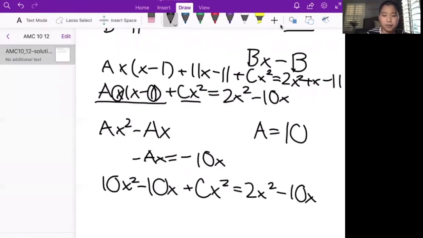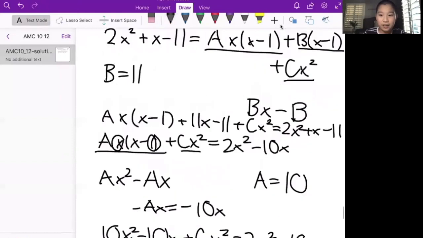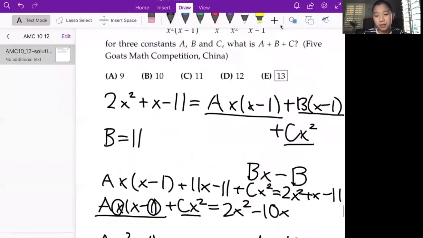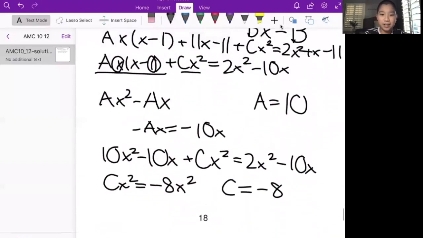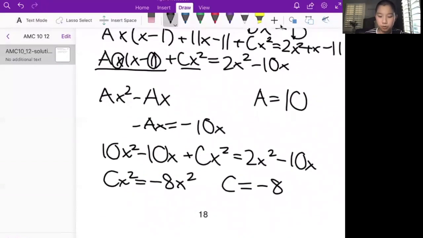And then we simplify it to get cx squared equals negative 8x squared. Everything else cancels, so c equals negative 8. And we see that a plus b plus c is 10 plus 11 minus 8, which is equal to 13.